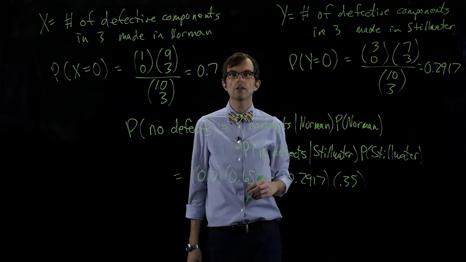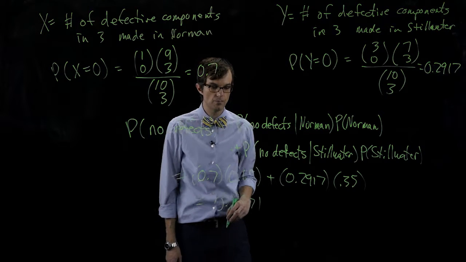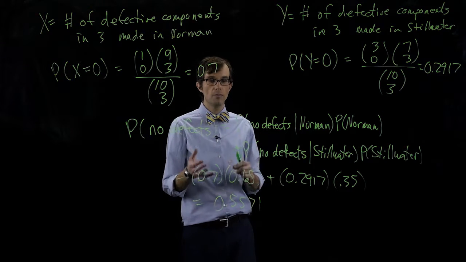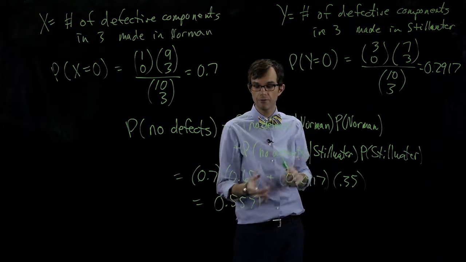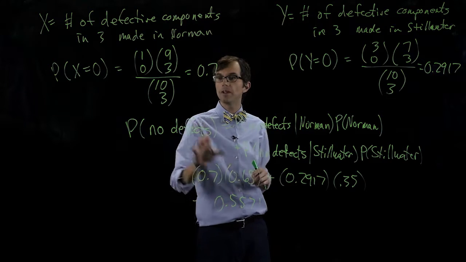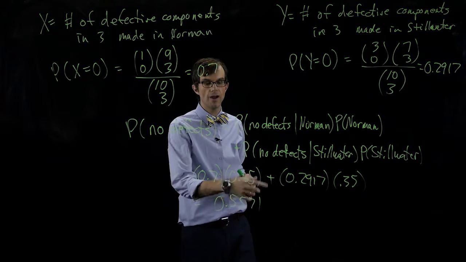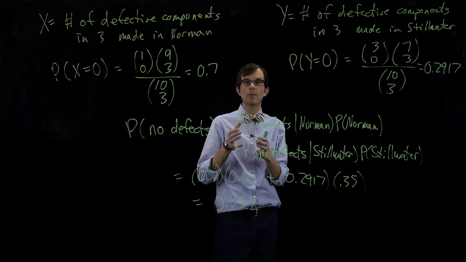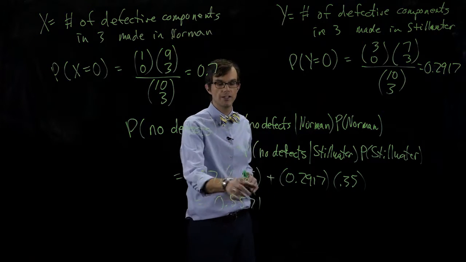As it turns out, this probability is 0.5571. So the probability that we pull a batch and pull a sample of size 3 from that batch, and that we get no defects in that sample of size 3, is 0.5571. 55% of the time, whenever we pull a sample of size 3 from a batch of 10, we're going to see no defects.